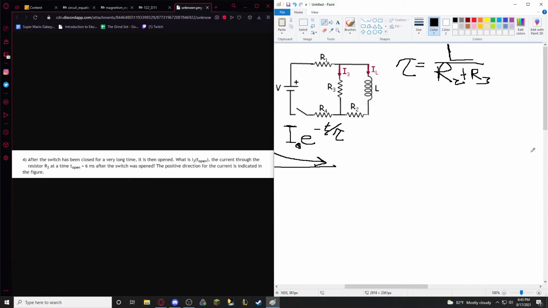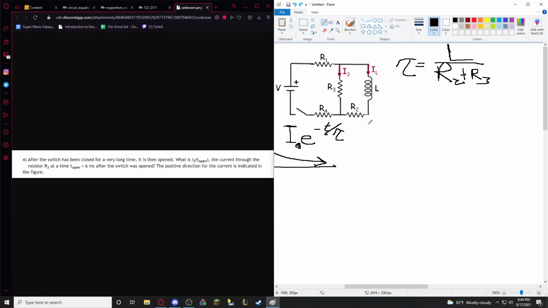So essentially, we just ignore it. It's just a regular wire. So all we need to do is find the current through R2. We know how to do that, right? That would be the current of R2, which is parallel to R3.